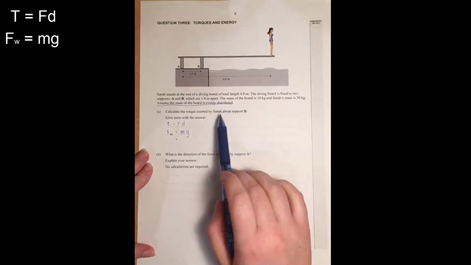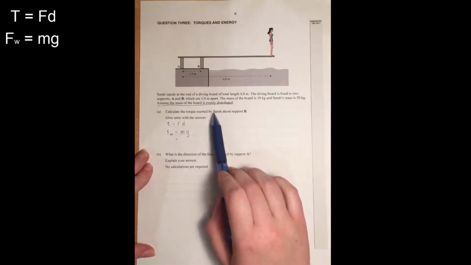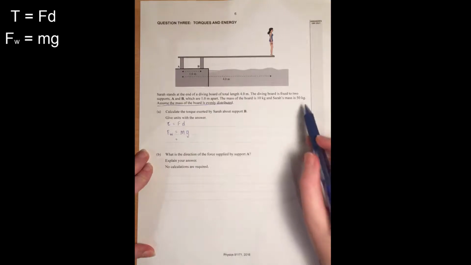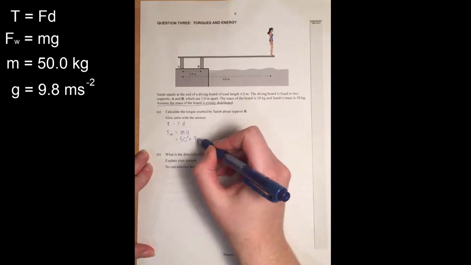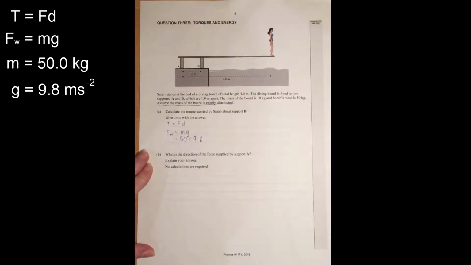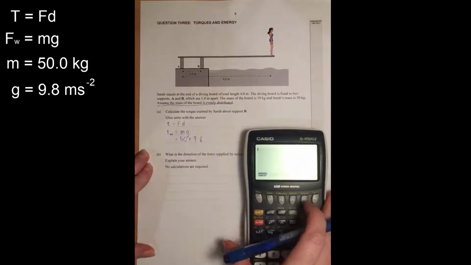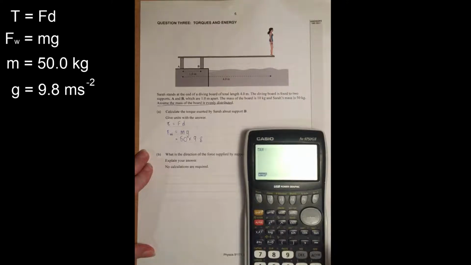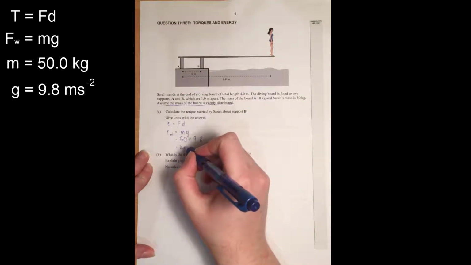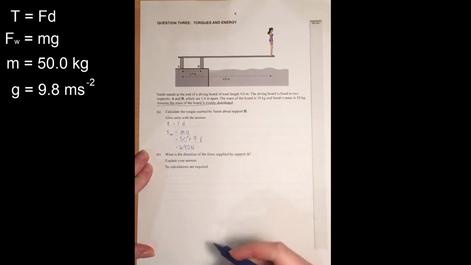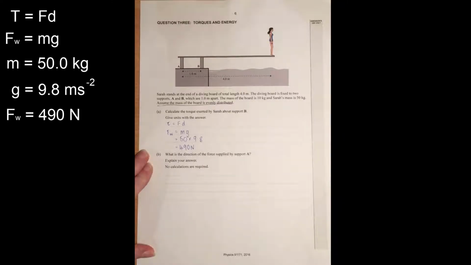Because we're looking at Sarah, we're going to use Sarah's mass of 50 kilos times our gravity of 9.8. And that will give us 490 newtons. So that's the weight force.